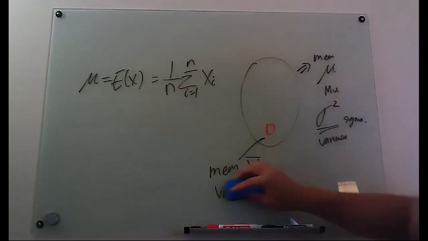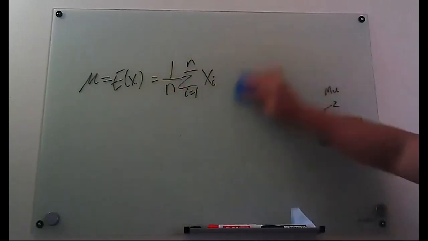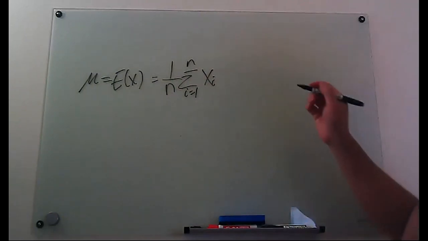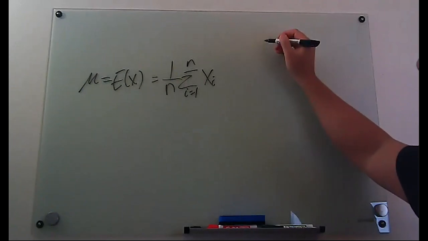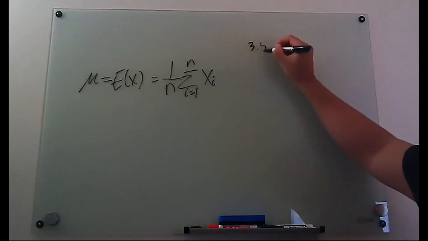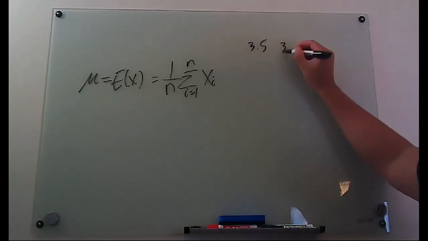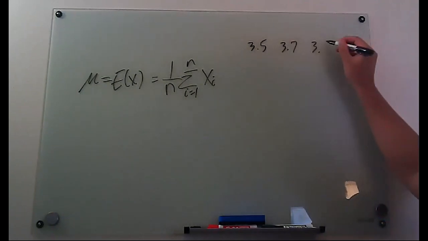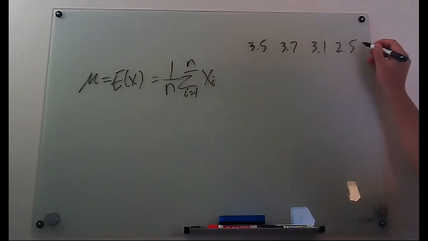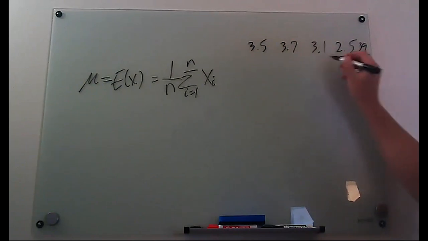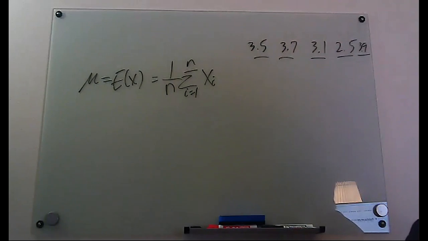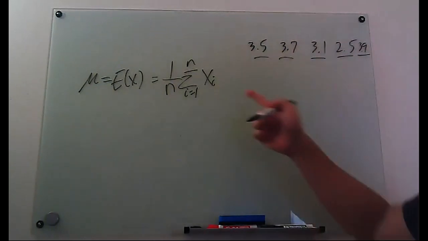One example: let's say you have 5 friends with outcomes like GPA. One friend gets 3.5, then 3.7, 3.1, 2.5, and 3.9. So 1, 2, 3, 4, 5. You want to know their average, so you just sum them.